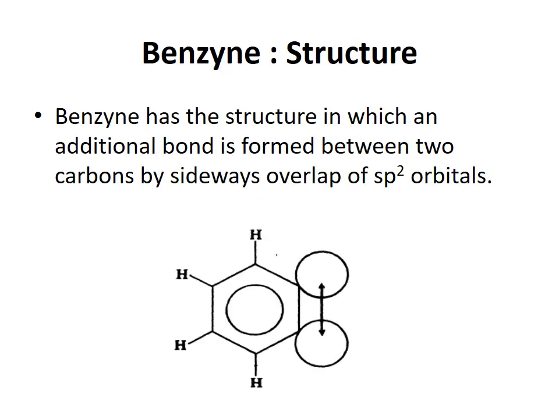In the structure of benzyne, there is an additional bond between two carbon atoms by sideways overlap of sp2 orbitals. We can see an additional bond that is formed by sideways overlap of sp2 orbitals.